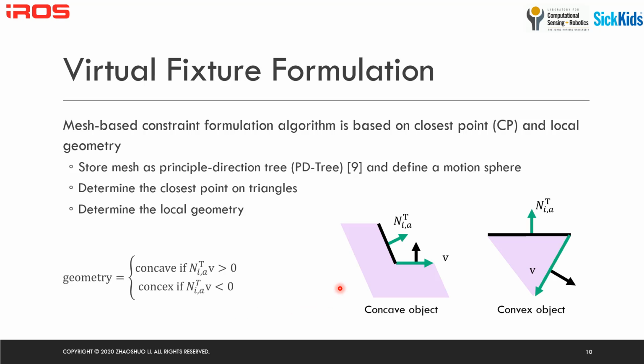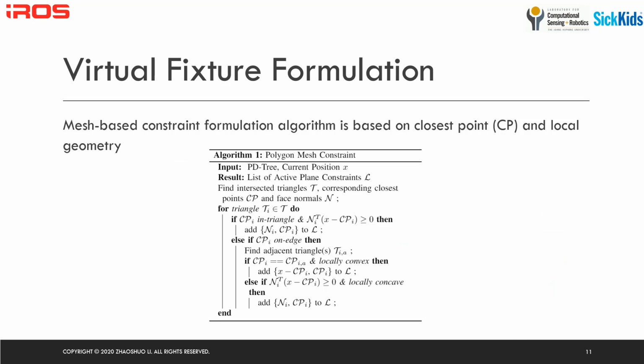To illustrate this, these two arrows here are the vectors used in the dot product. As shown, when the dot product is positive, it's a concave object, and when the dot product is negative, it's a convex object. Thus, we have our mesh-based constraint formulation conditioned on both the closest point and the local geometry.